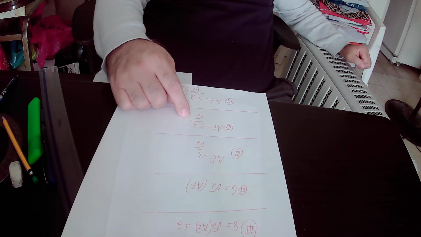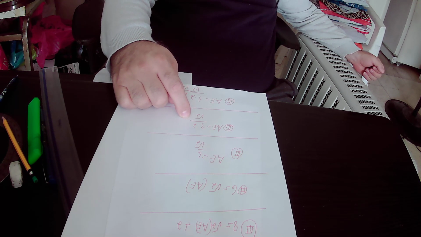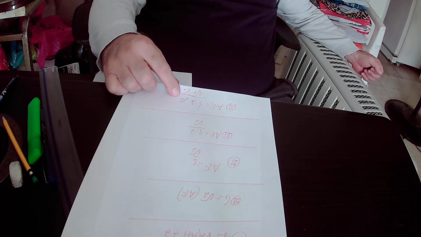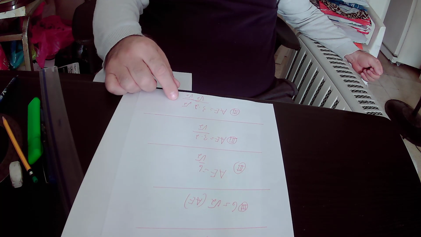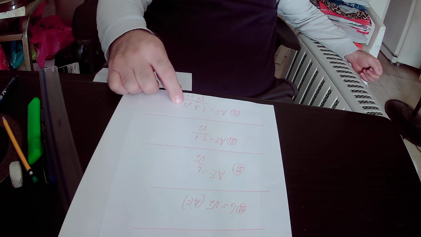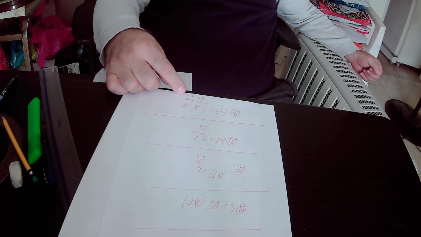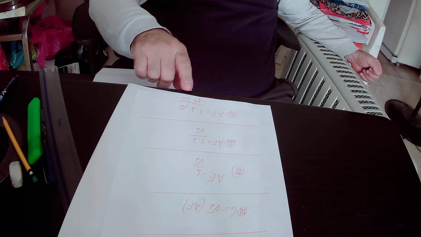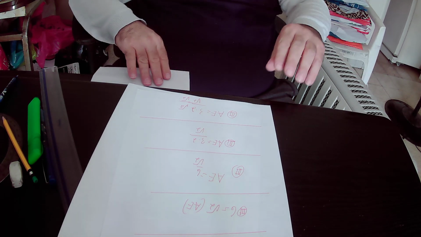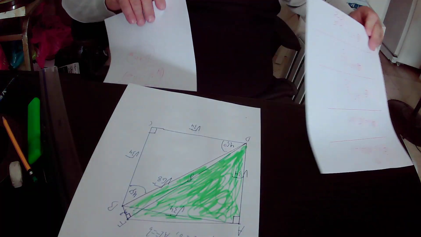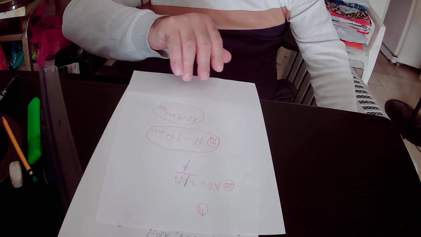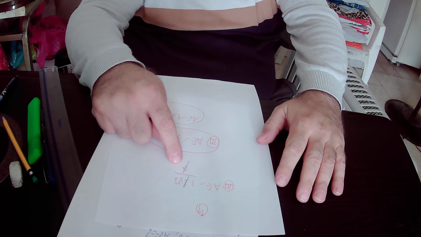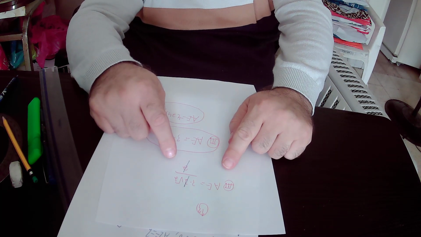Here we multiplied this expression by square root of 2, and then we divided it by square root of 2, so we changed nothing. So here, square root of 2 times square root of 2 is 2. So in total we got that 3 times 2 times square root of 2 over 2 is the size of AE.